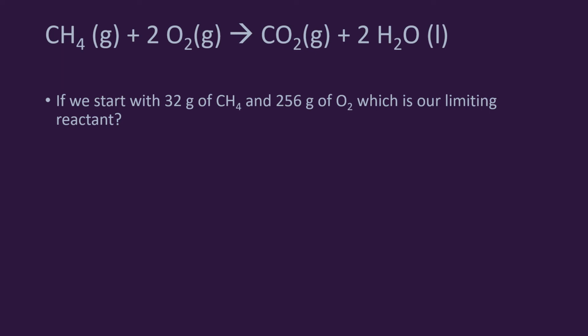If we start with grams, and this is when our math starts getting a little more entertaining, if we start with 32 grams of CH4 and 256 grams of oxygen, which is our limiting reactant? Well, we have to convert our grams to moles first. So we start with 32 grams of CH4.